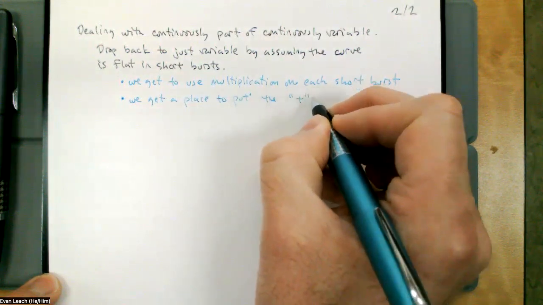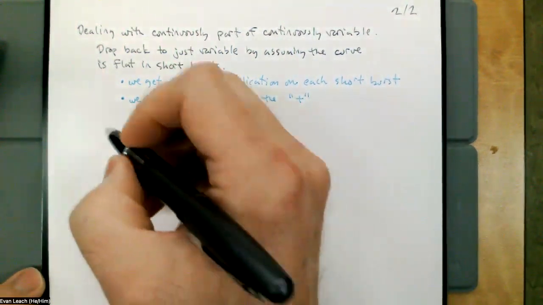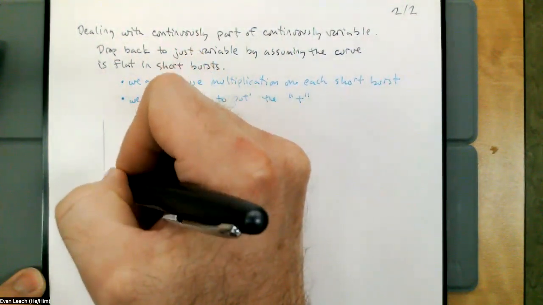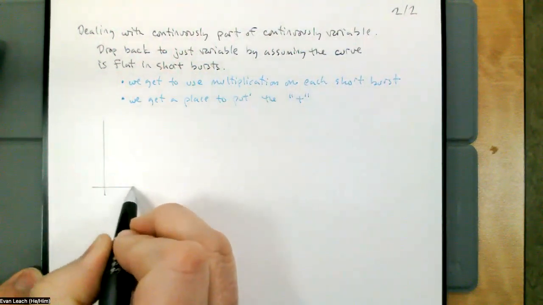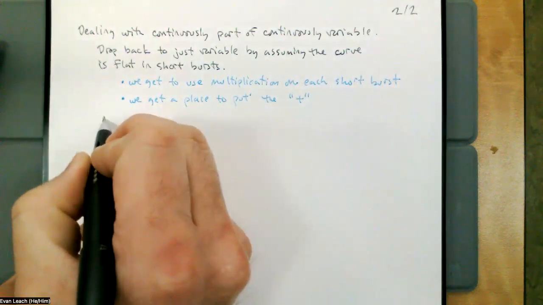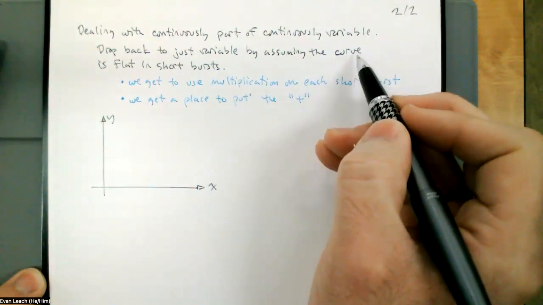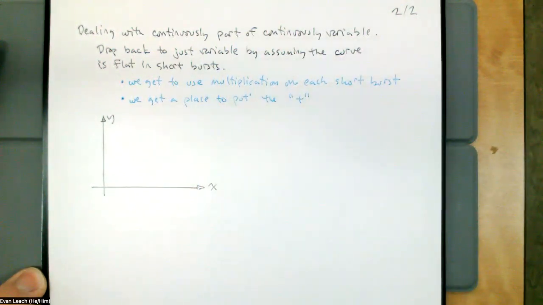Let's draw a picture of what we're doing. So we've got some function. Doesn't have to be a function. Notice I bailed on function and wrote curve. And I bailed on the fancy terminology constant and just referred to it as flat.